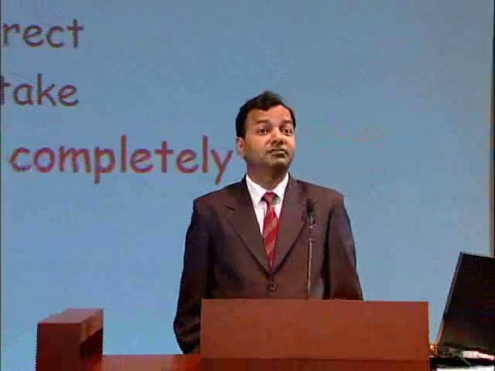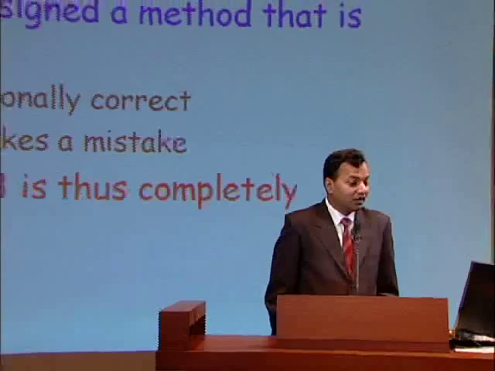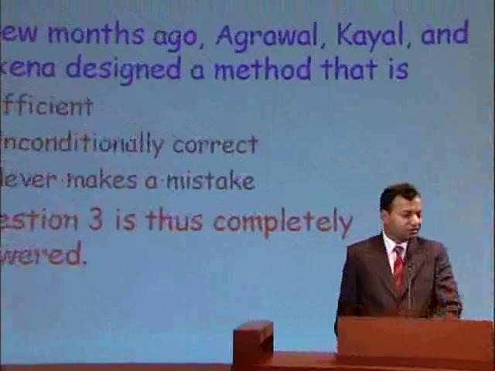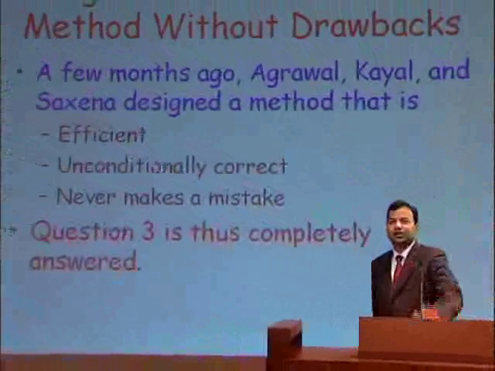So, to their satisfaction, a few months ago, we managed to find such a method. This method is efficient, it's unconditionally correct, and it never makes a mistake. So, question 3, therefore, is well and truly answered.